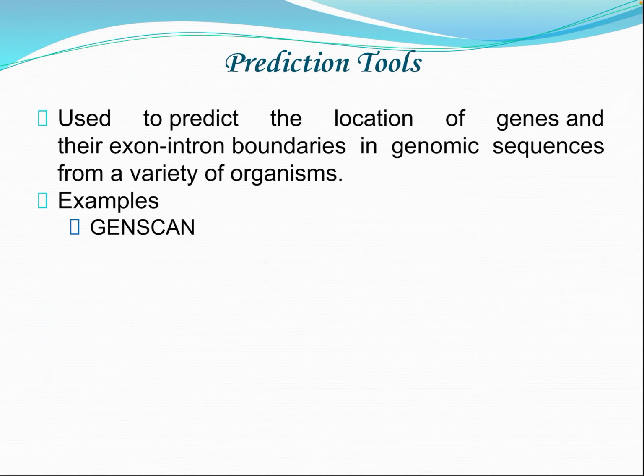A lot of prediction techniques are available, and similarly a lot of tools are available for these predictions. One example is GenScan. Prediction tools like this predict the location of genes in the given genomic sequence.